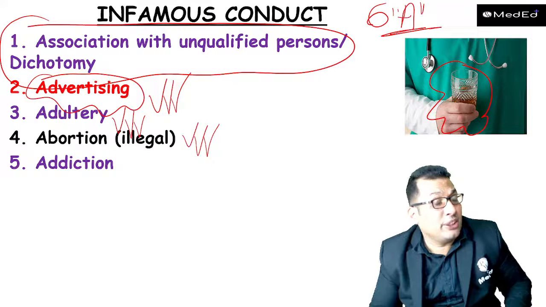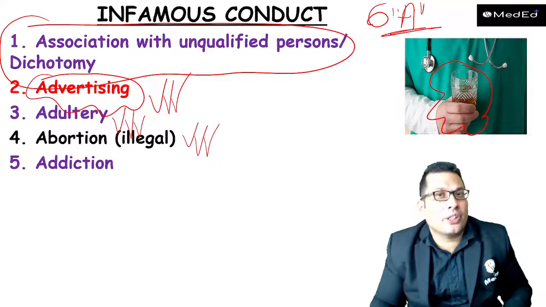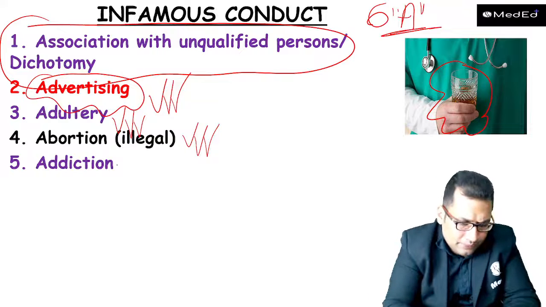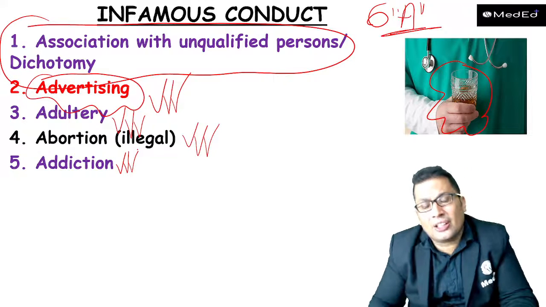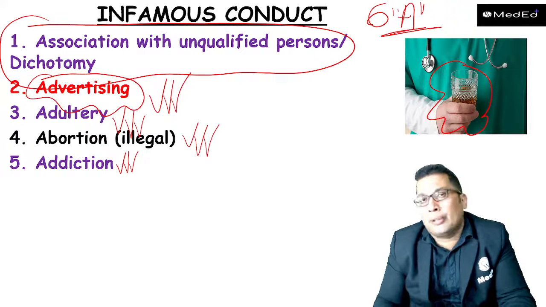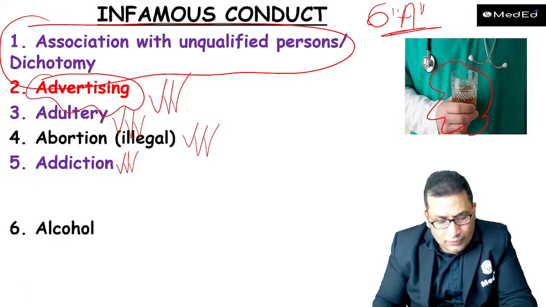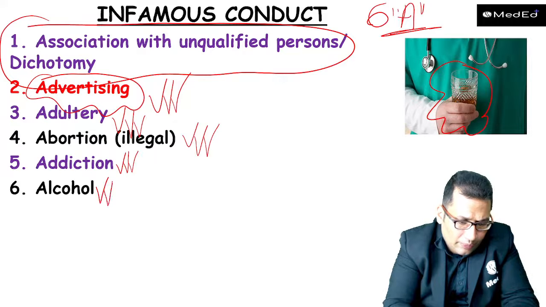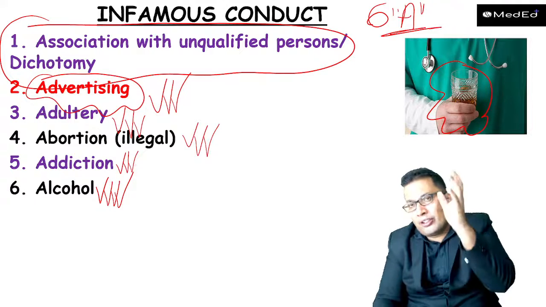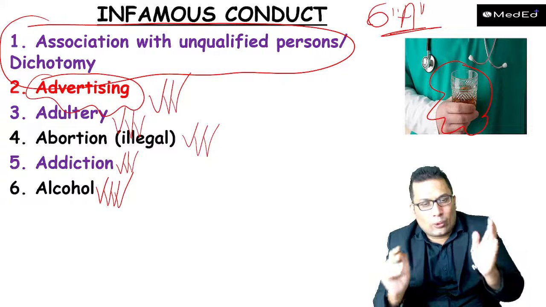That also comes under the PCPNDT Act, Preconceptional and Prenatal Diagnostic Techniques. Addiction: treating a patient under the influence of alcohol or some drug, for example ganja and heroin. Lastly, alcohol. So the 6 A's can be asked. Infamous conduct of a doctor: what is the punishment?